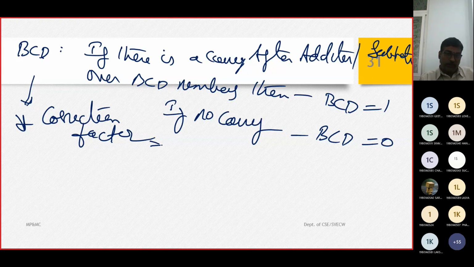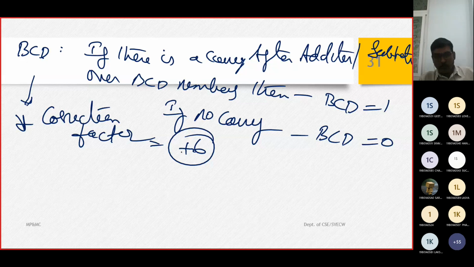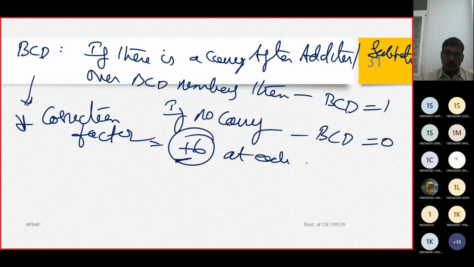This correction factor is implemented by adding 6 to the opcode at each digit, or subtracting 6 when it is a negative number. So this is all theoretical. Now let us look at the BCD operation with an example.